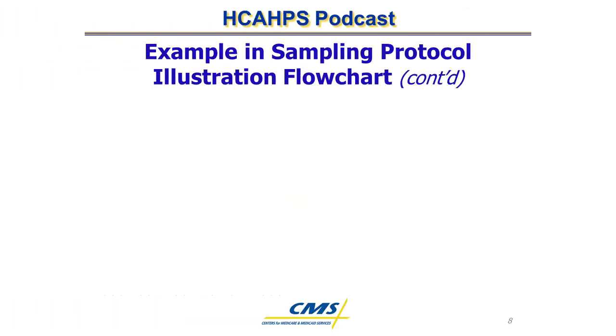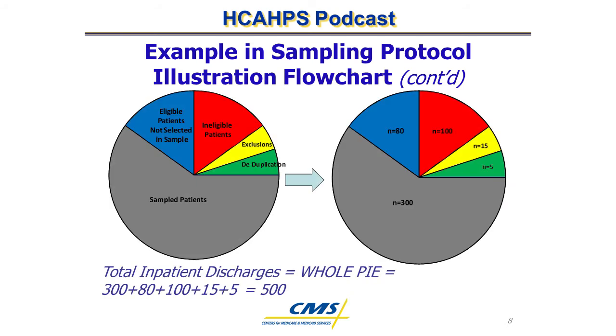Slide 8. Example and Sampling Protocol Illustration Flowchart continued. Continuing with the pie chart for Hospital X, we see the actual patient counts that were noted in the table on Slide 6. Recall, Hospital X had 380 eligible discharges and sampled 300 of them, shown in the gray slice. Therefore, there were 80 leftover eligible patients that were not sampled, shown in the blue slice.